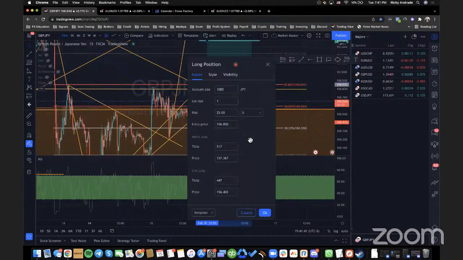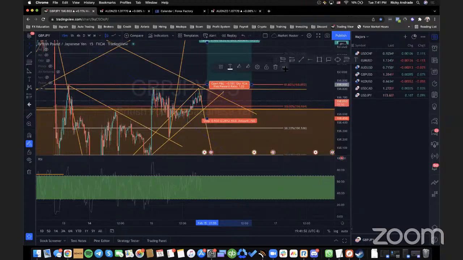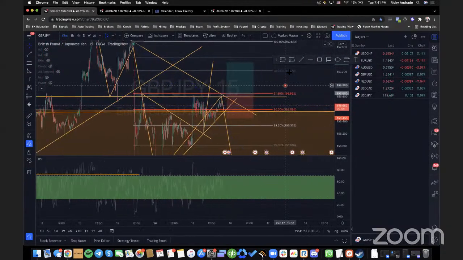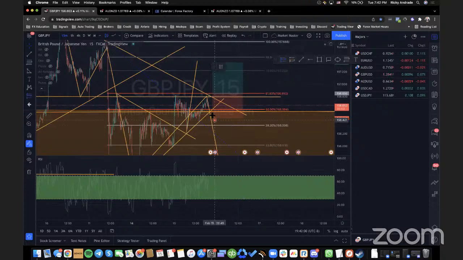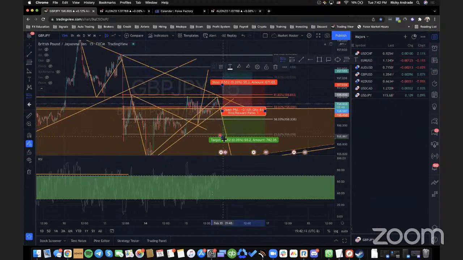Let's see, 850. 500. 500, 400. Okay. And then a short position on the opposite side. Say aim for the 23.6 right here.